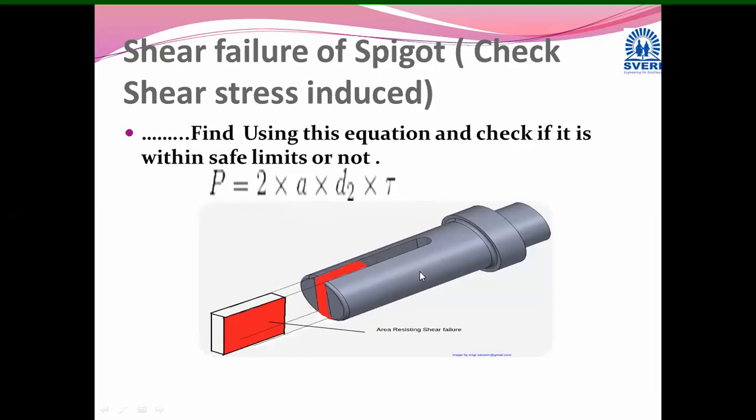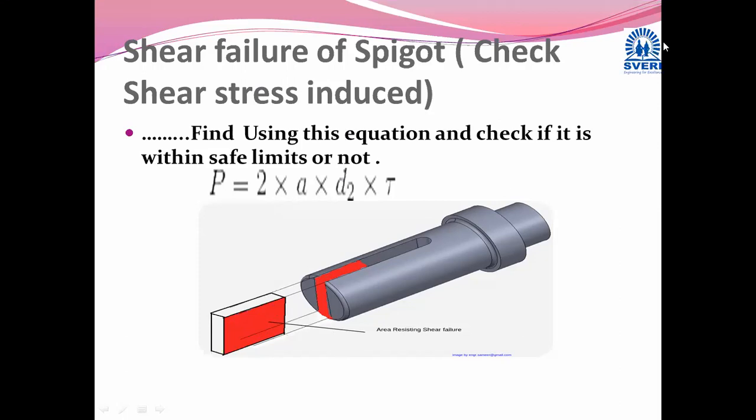Okay. So crushing failure we have seen for the area which is coming in contact with the pin, quarter pin. Now here we are going to see if suppose the shearing occurs with the spigot, then how we can calculate the shear. Last time also we have seen this equation, but just we will revise it once again.